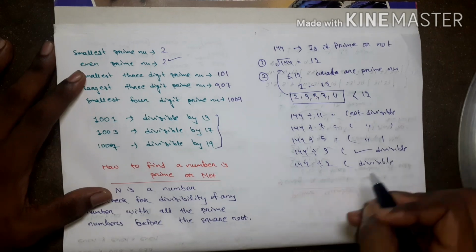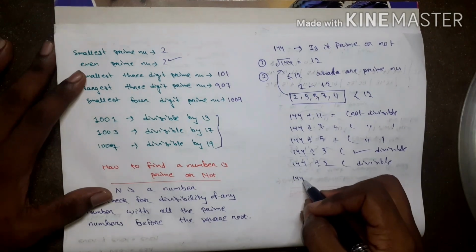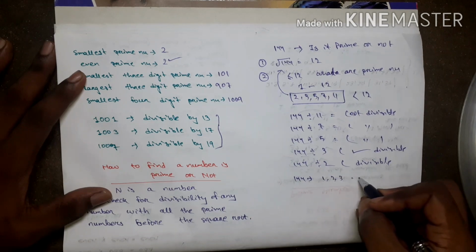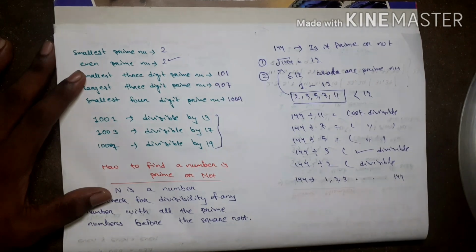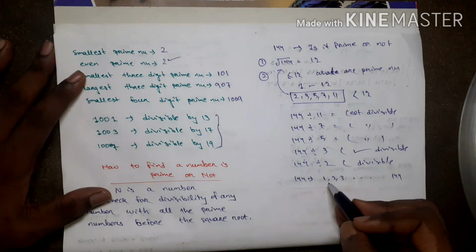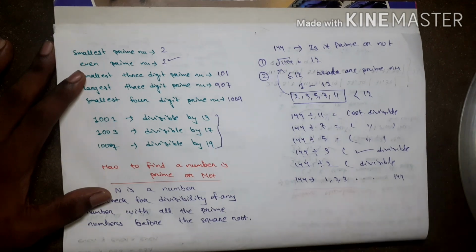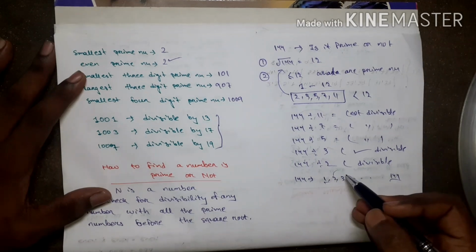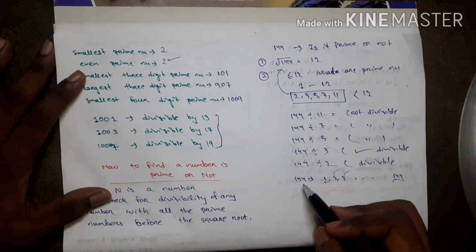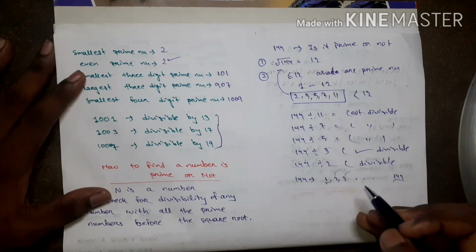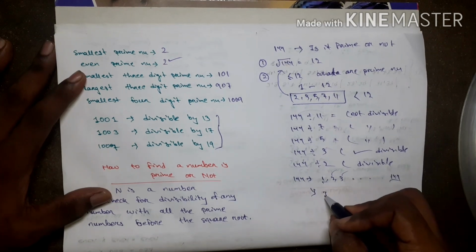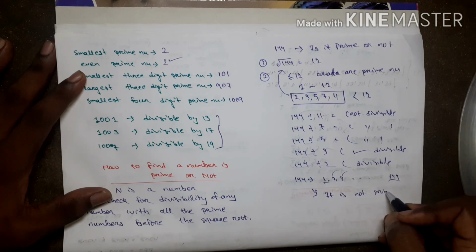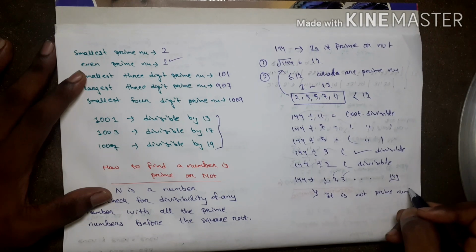That means 144 has factors 1, 2, 3 and 144. That means there are more than 2 factors. 1 is a factor, 144 is a factor, 2 is also a factor, 3 is also a factor. So 144 has more than 2 factors. So it is not a prime number. Understand how I test for prime numbers?